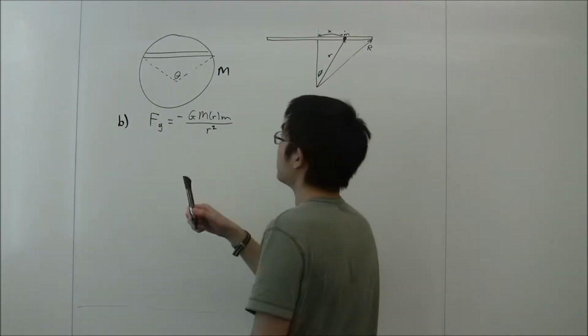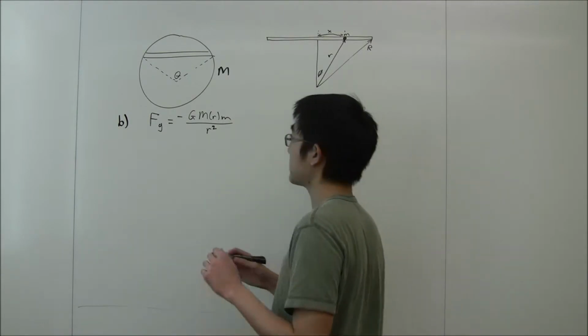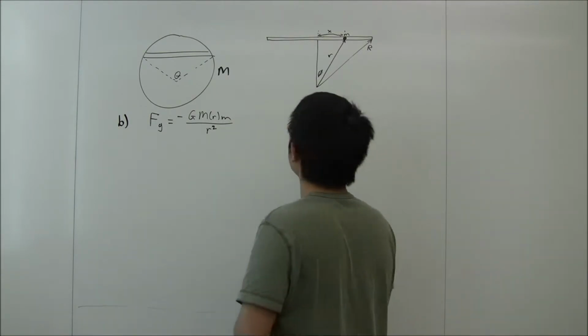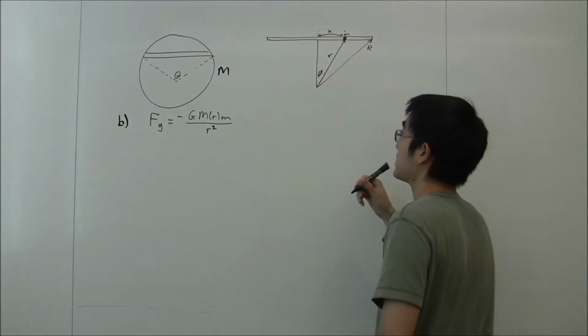So the force of gravity is just going to be given by basically the spherical mass contained within the radius r, which describes the position of the astronaut.